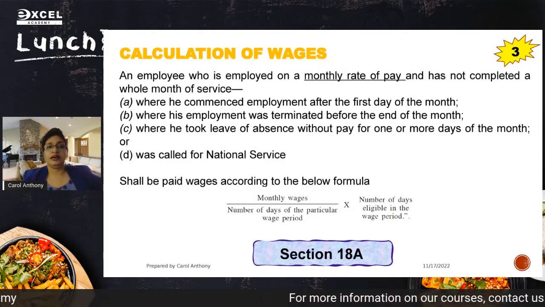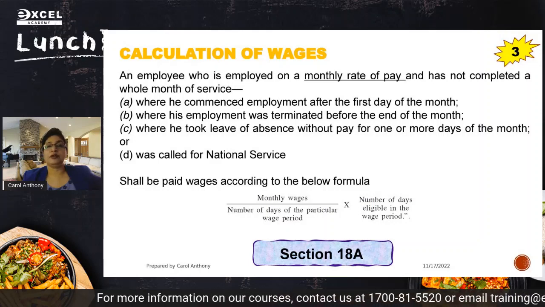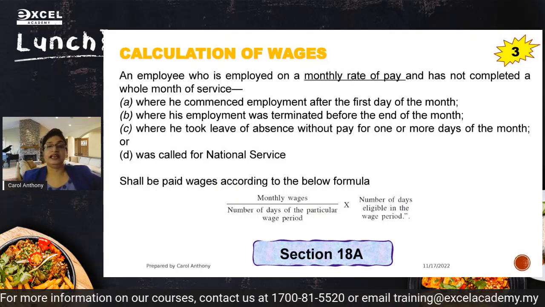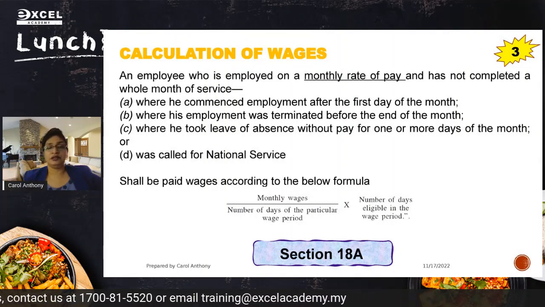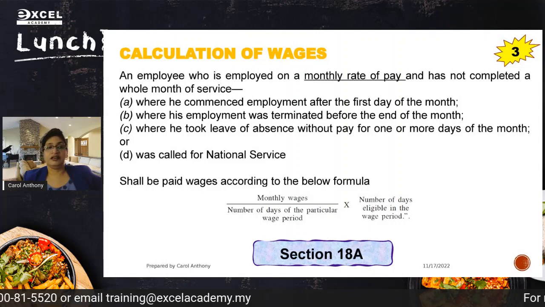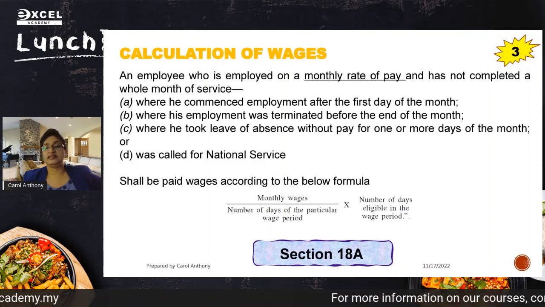Or he took no pay leave for the month, after exhausting all his annual leave. Or he was called for national service and suddenly can't work anymore.